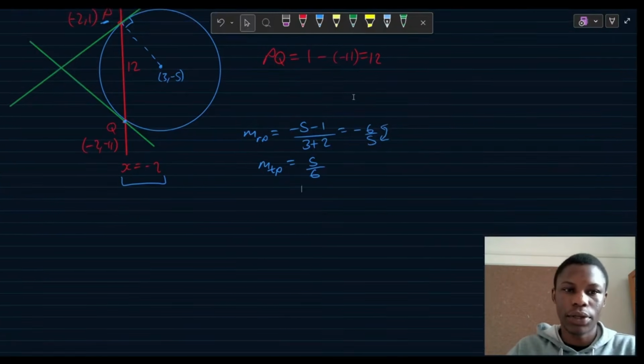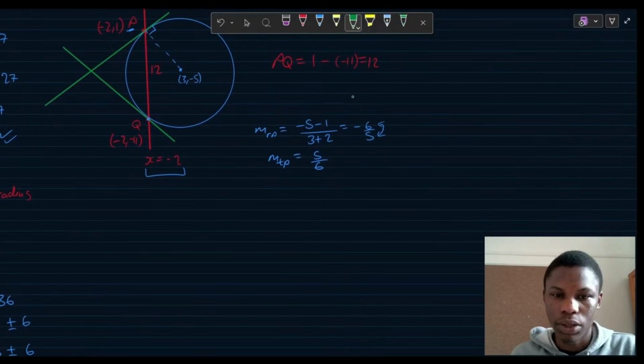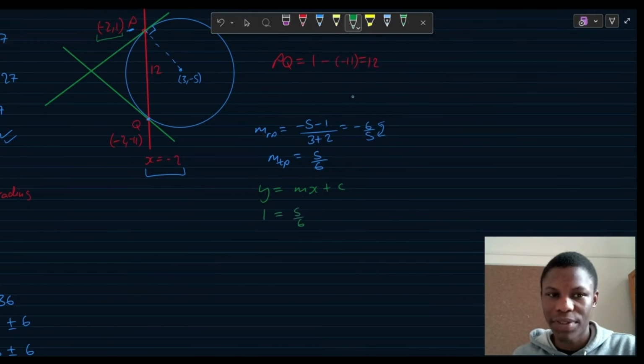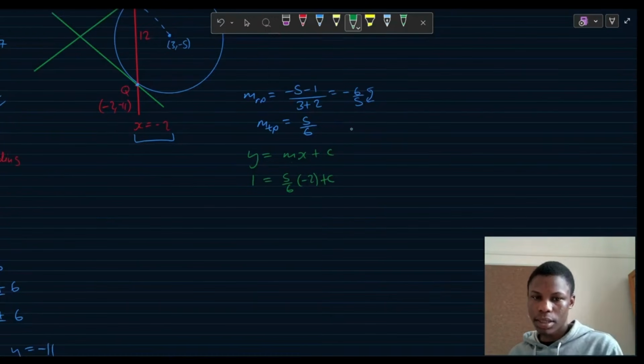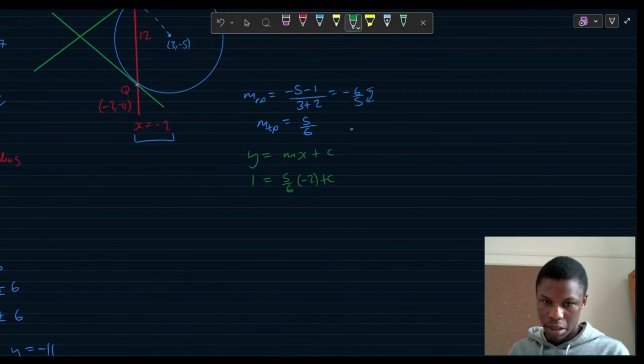And now that I have the gradient, I just need to know what the y-intercept is. So we want to use y equals mx plus c. We know that m is 5 over 6, and we have the point -2, 1. So y is 1, m is 5 over 6, x is -2, plus c. C becomes 1 plus 2 times 5, 10 over 6.